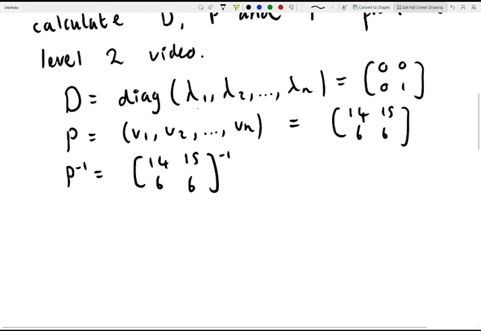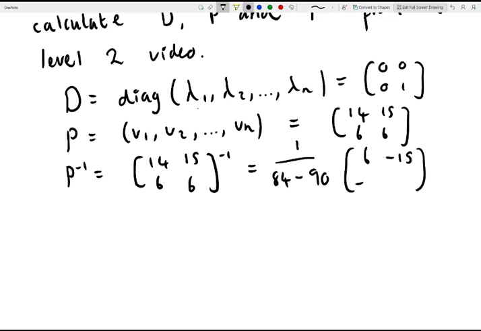And calculating the inverse of this, which is 1 over the determinant, 14 times 6 is 84, minus 90, which is 6 times 15. Multiply this by 6, minus 15, minus 6, and 14.